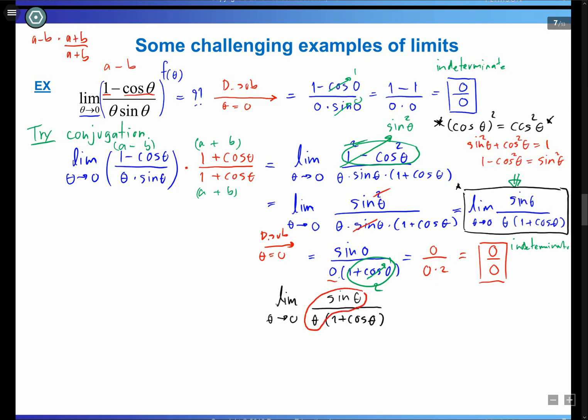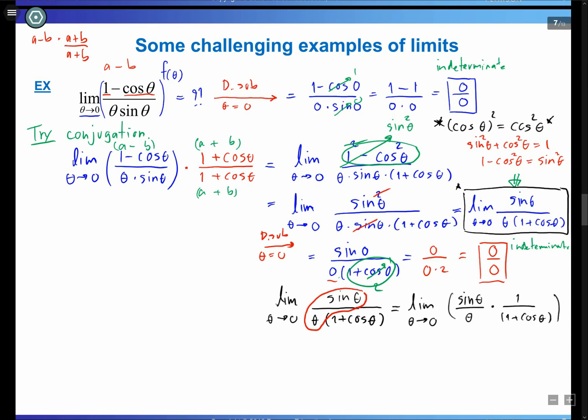Okay, why don't I group them together? So let's do that. It's going to be equal to the limit as theta approaches 0, and I group the terms that I like together right here: the fraction of sine theta divided by theta times 1 over 1 plus cosine theta. If you multiply them back, it's the same thing, right?